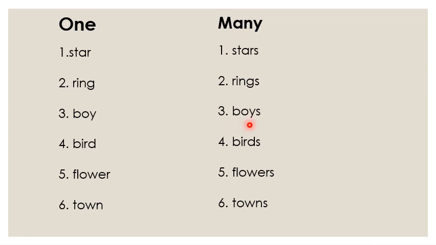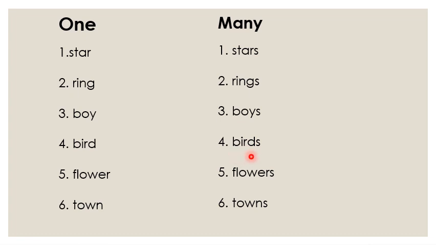So B-O-Y-S, boys, many boys. Number 4: B-I-R-D, bird, one bird. If there are more than one bird, we call it many. So we are adding S to the end of the word.